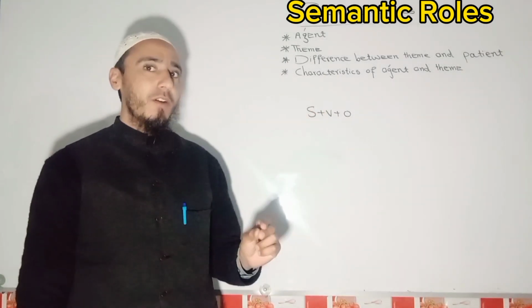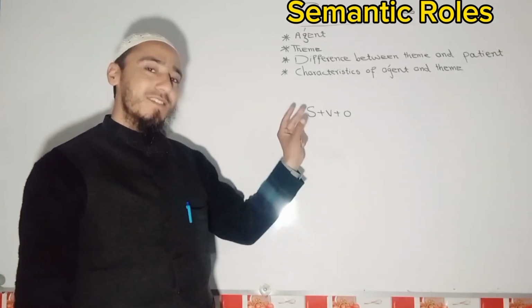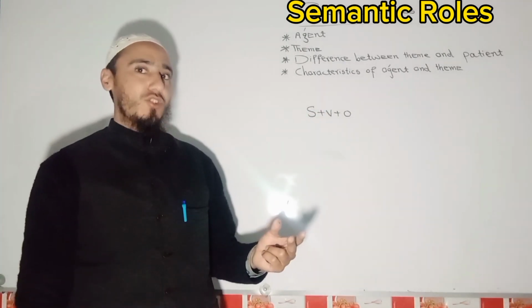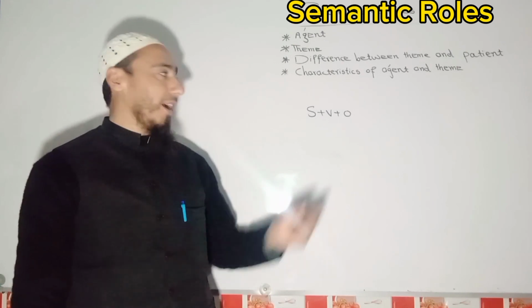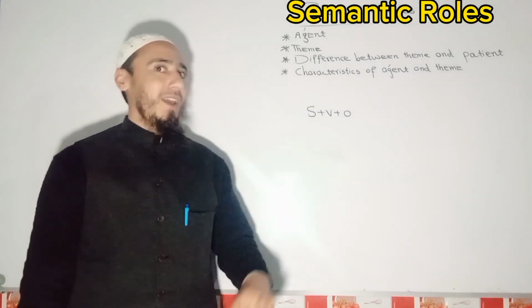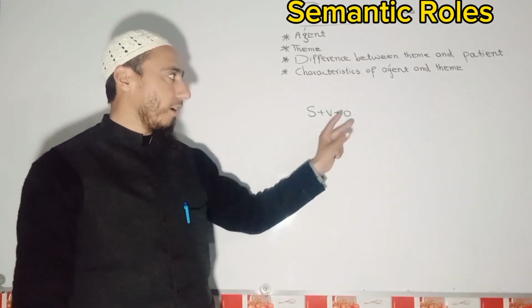Verb is all about action. Subject is the doer of the action and verb tells us about the action. It tells us about the event. And when we say verb tells us about the action, it means action can be physical action and mental action.